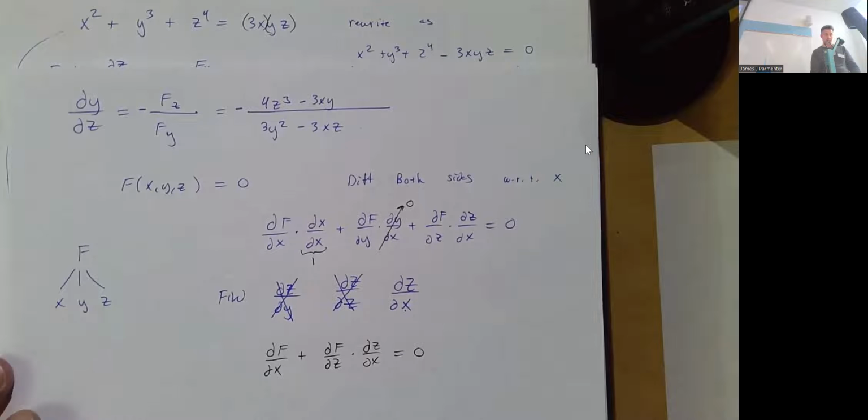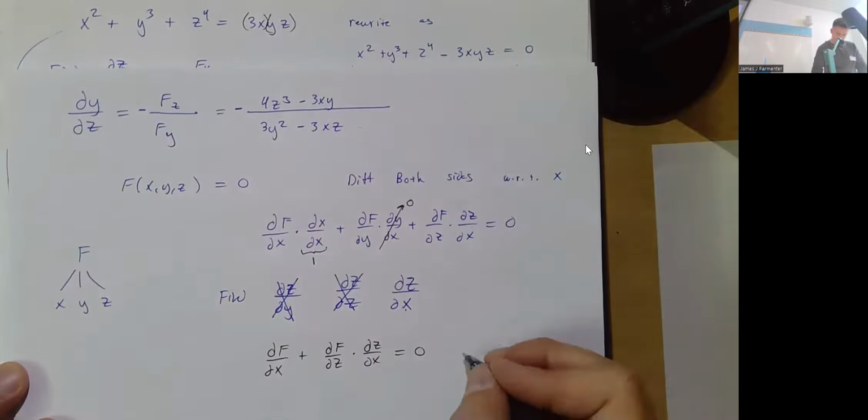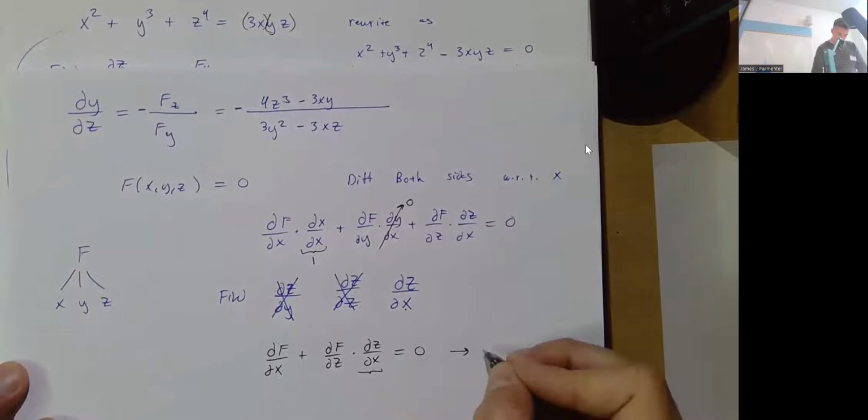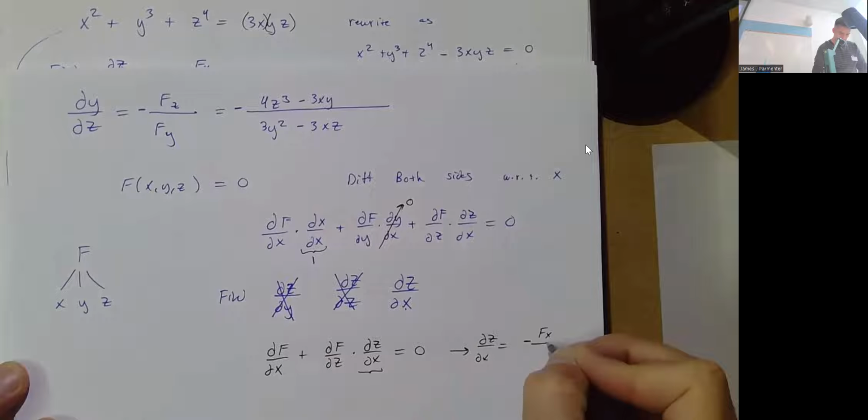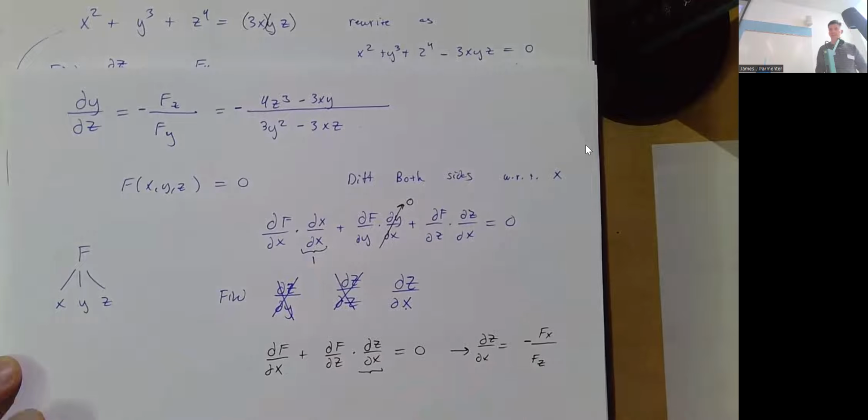And that's exactly how we get del z del x equal to negative the partial of f with respect to x divided by the partial of f with respect to z. So that might have been more the path that your instructor was taking to show you how we're getting there.